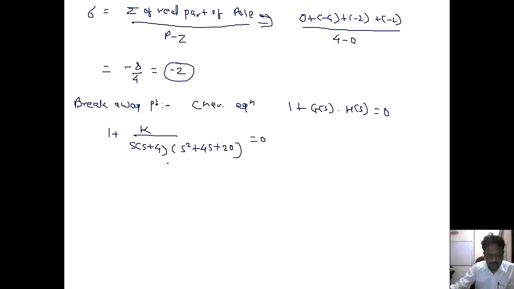Now let us solve all these brackets, just simply multiply. So s into s square plus 4s. So 1 plus k by s square plus 4s, multiplication of single s and bracket complete, and the next bracket is s square plus 4s plus 20.